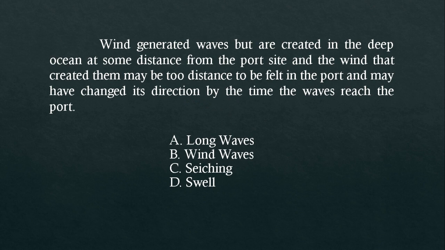Wind-generated waves, but are created in the deep ocean at some distance from the port site, and the wind that created them may be too distant to be felt in the port and may have changed its direction by the time the waves reach the port.